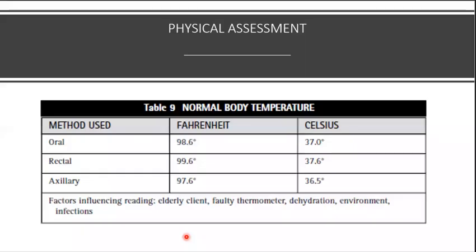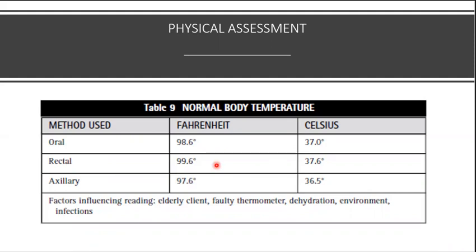With normal temperature, the rectal temperature should be at about 99.6 degrees. The oral temperature should be less at 98.6, while the axillary temperature should be about 97.6. So you can see they are just 1 degree less than the other.